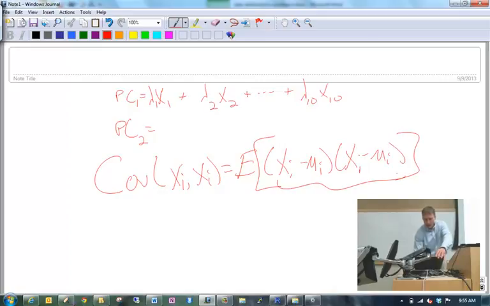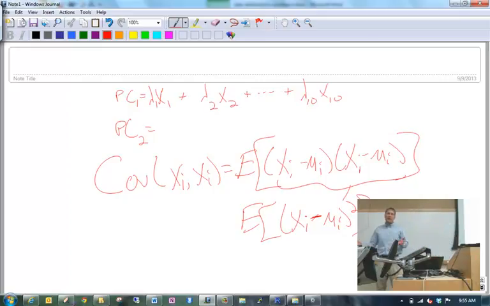Of course, these two things are the same, and you get your variance. So the covariance of x sub i is just the variance of x sub i. That's the simplification.